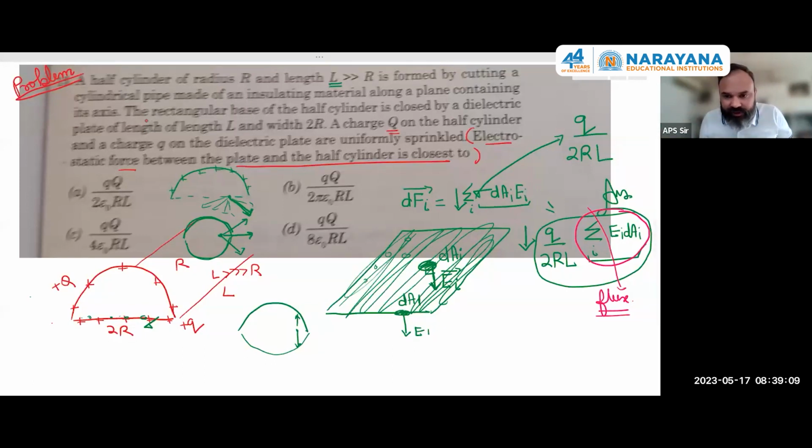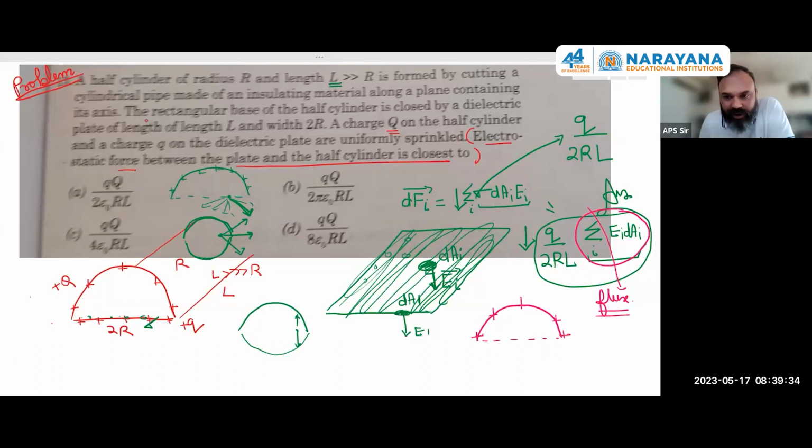So the question now is, given a half cylinder having some spread of charge, capital Q, and having a long length, capital L, which is large, how can we find the flux because of this across the sheet, the central cross-sectional area? Now again, it is interesting.